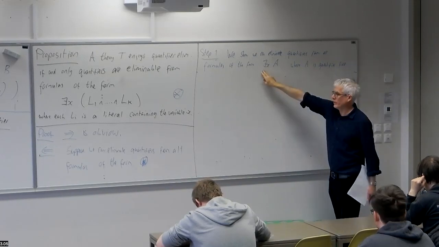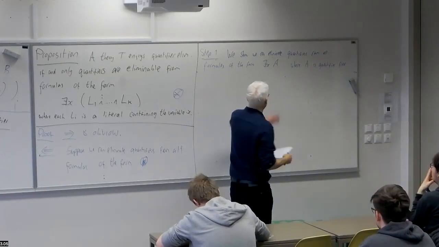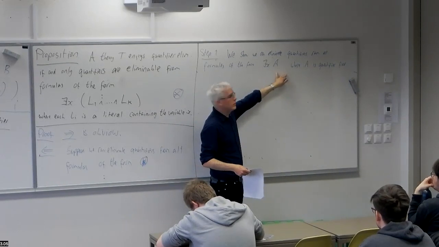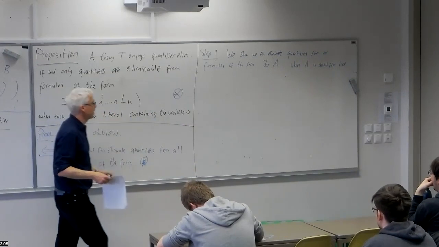Again, we've just got one existential quantifier to eliminate, but now A can be any propositional combination of literals, rather than just a simple conjunction of literals all containing X.